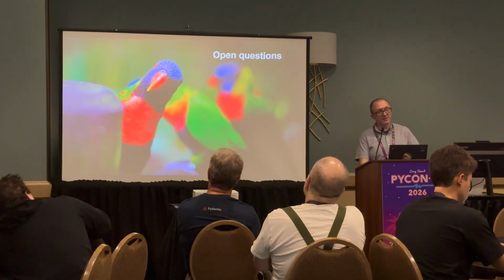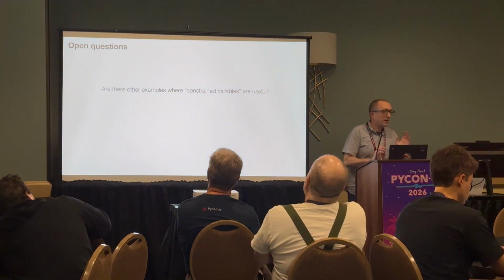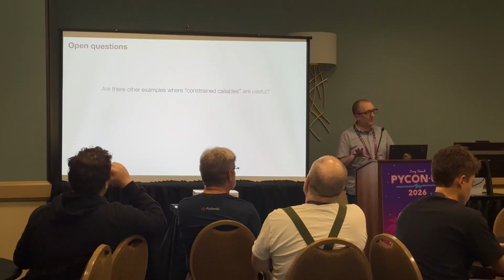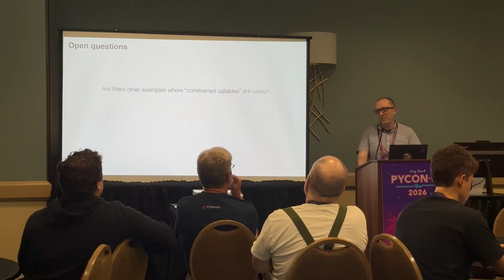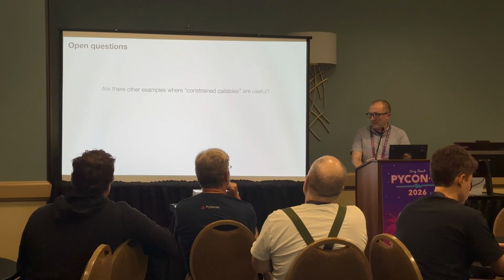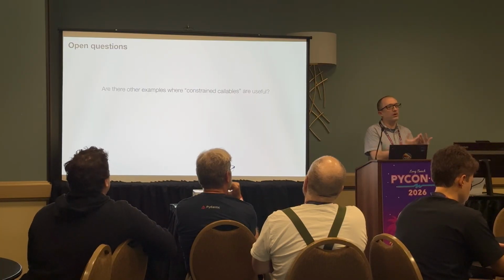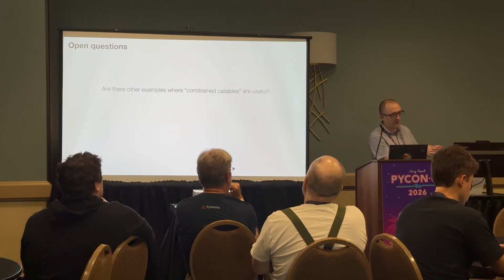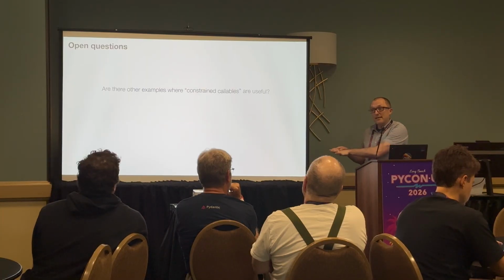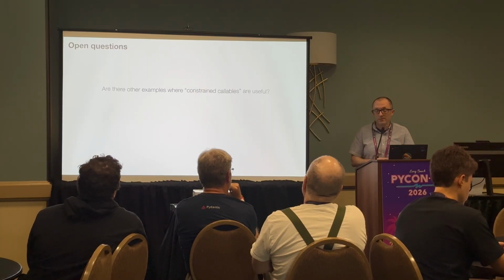Okay, open questions. So I first want to call out that this example that I came up with very much relied on the fact that we were using partial application, because we needed to remember some things about some of the arguments until we used them later on at different places in the code, right?